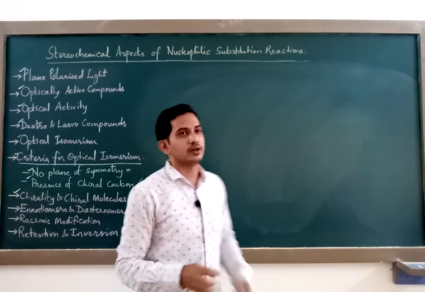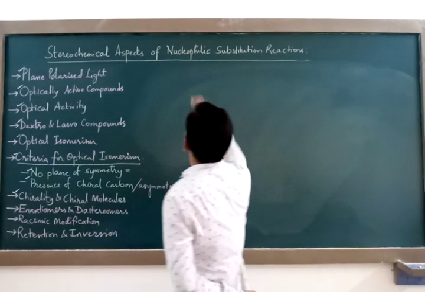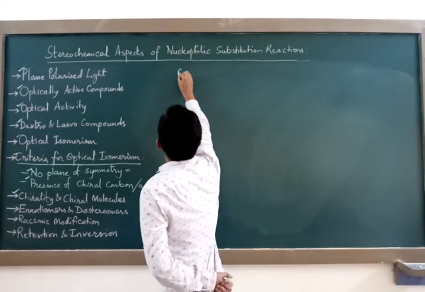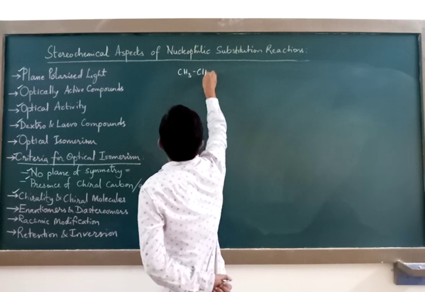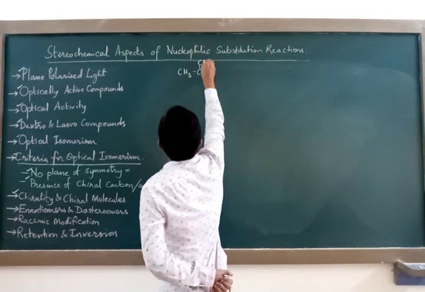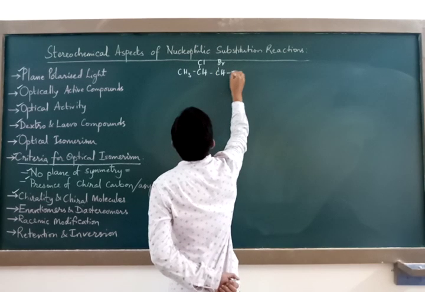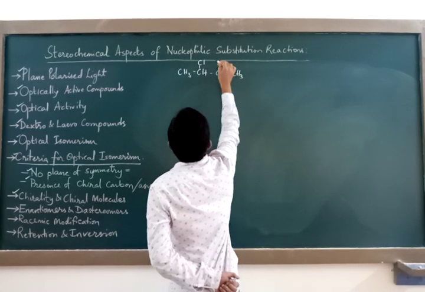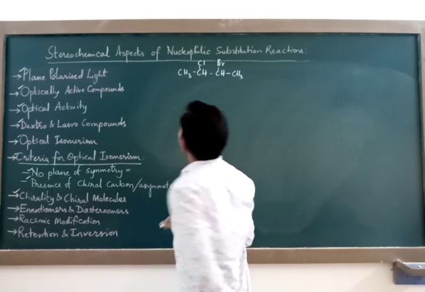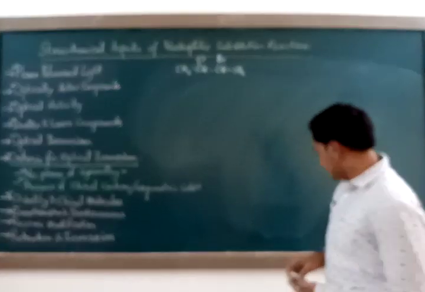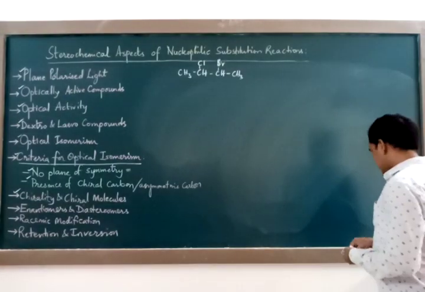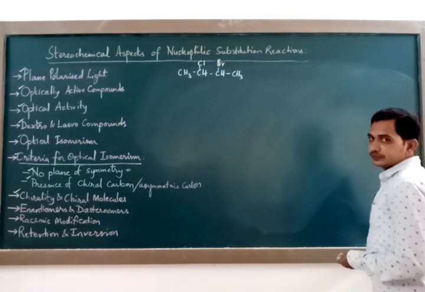This part is important. Now let us consider this example. CH3, CHCl, CHBr, CH3. Notice in this example, are there any asymmetric carbon atoms?